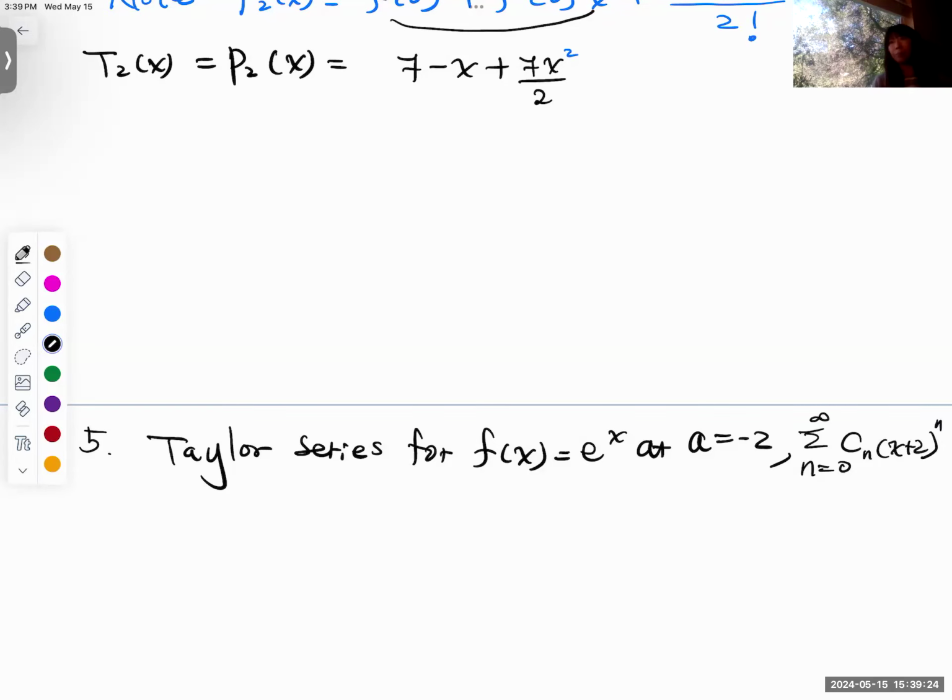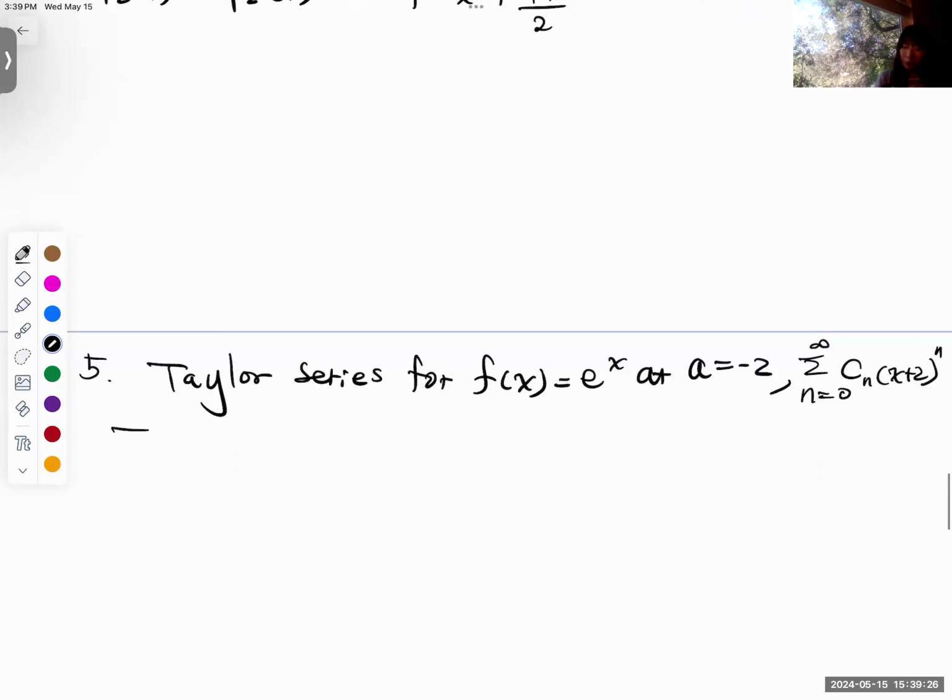Okay, so they said find the first few, it's not few, it's a lot, coefficients.